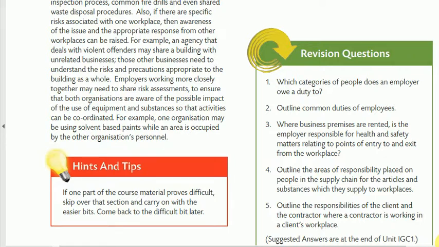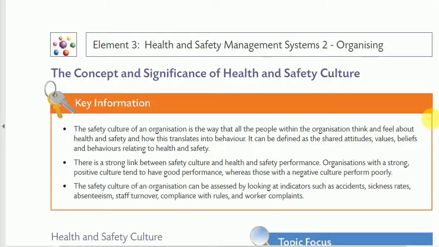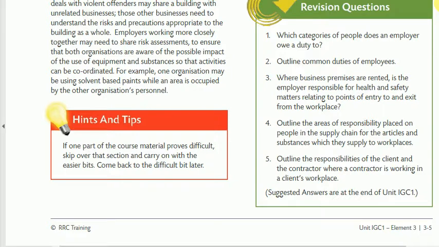Outline areas of responsibilities placed on people in the supply chain for articles and substances which they supply to workplaces. Now, the responsibilities for suppliers and manufacturers: they are to ensure that their products conform to safety standards. They give guidance on how their products should be used properly.